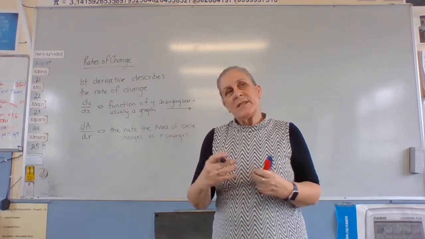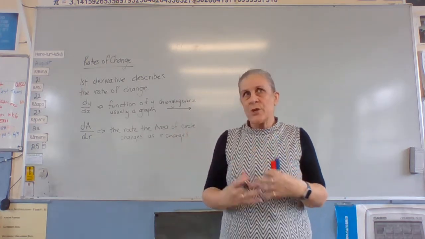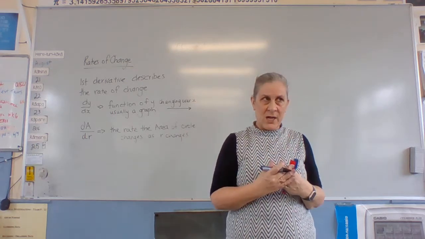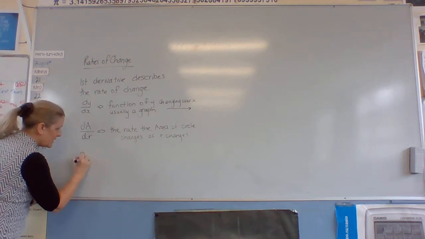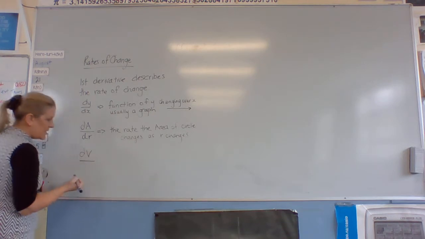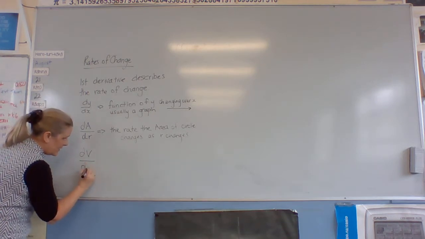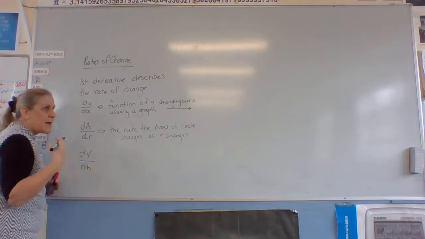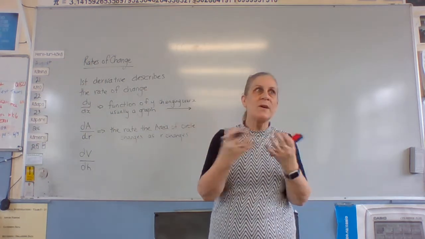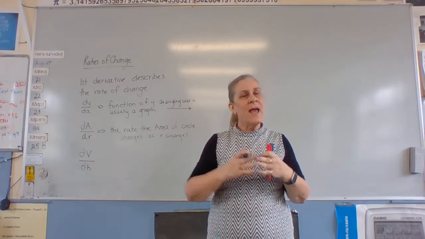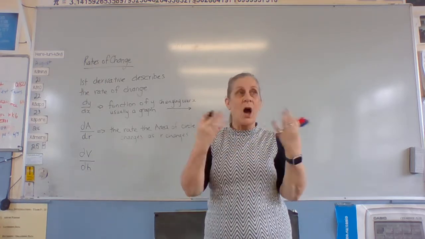These are simple rates of change. So the likelihood in this sort of question is that you will only have one thing changing. So you might have the rate at which the volume of something changes by the height. That means that all of the dimensions of whatever the volume thing is that we're finding have been put into the form of a height.